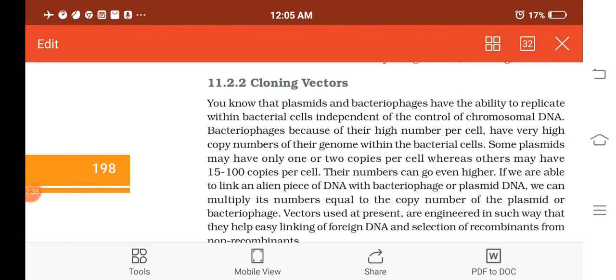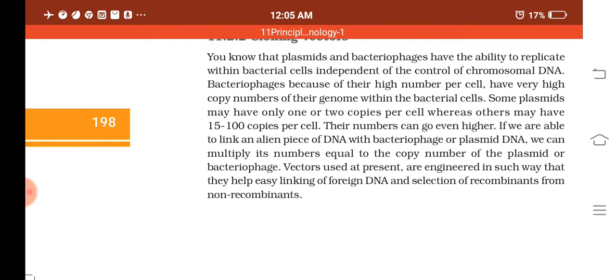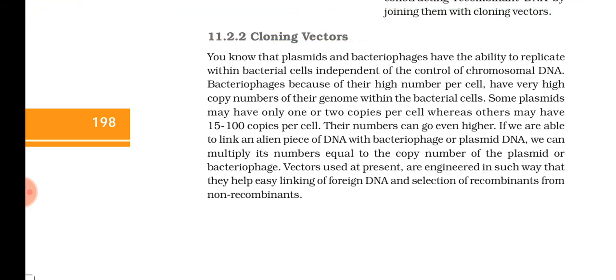If we are able to link a foreign gene into the plasmid, what will happen? As the plasmid gets multiplied in a cell, the number of this foreign gene also will be multiplied, isn't it? So in this way, linking of foreign DNA is becoming very easy.